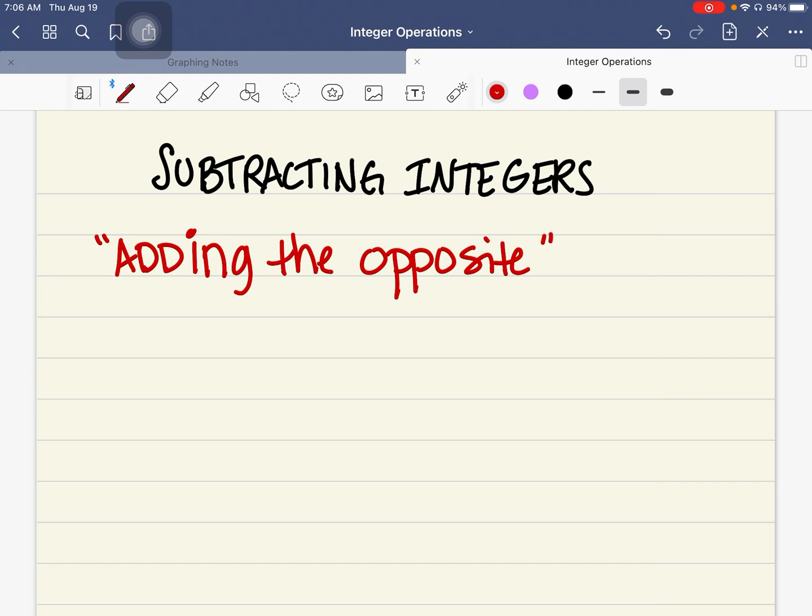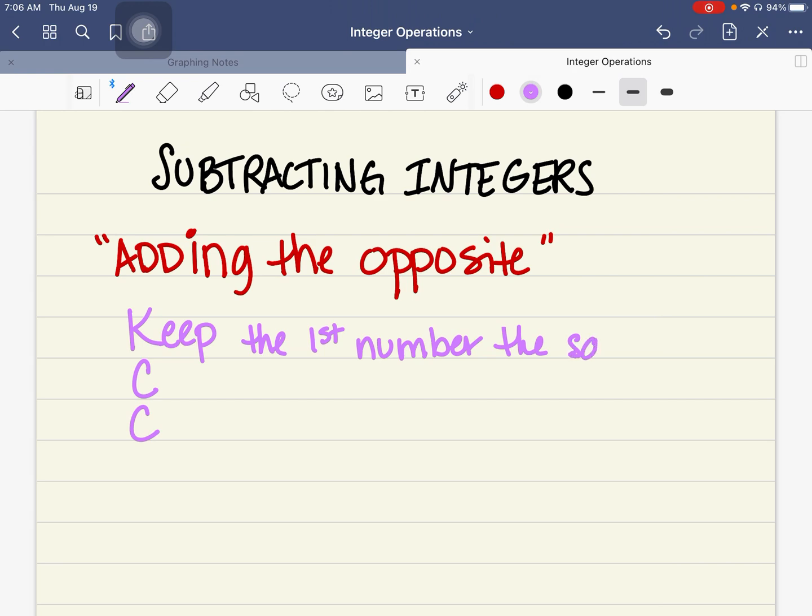So one way that a lot of people remember this is something called KCC. Keep the first number the same.